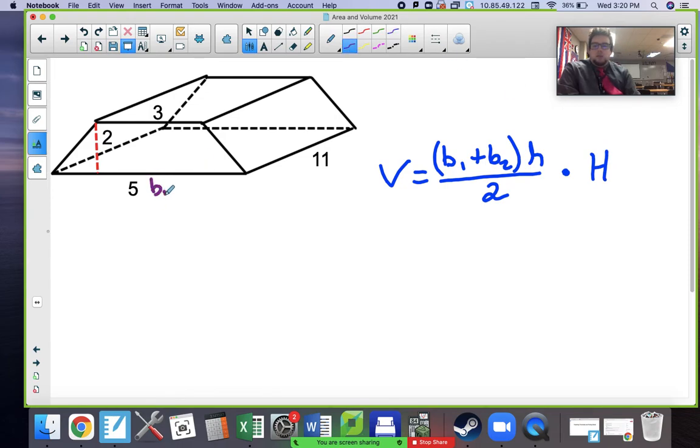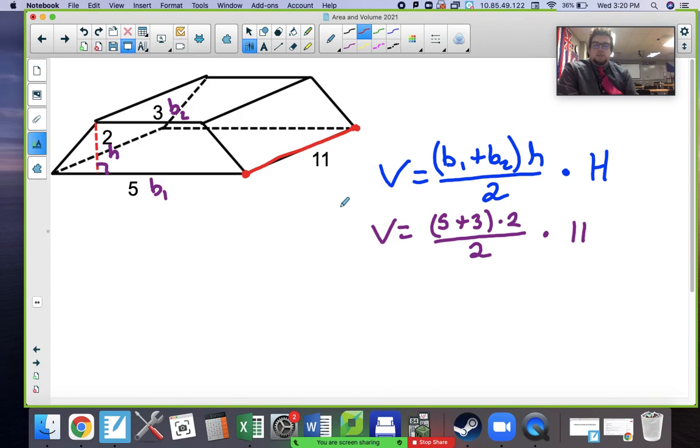So base 1's right here, base 2, or vice versa, and 2 is that height. 5 plus 3 times 2 divided by 2, and then times 11, the height of the prism from one trapezoid to the other trapezoid.